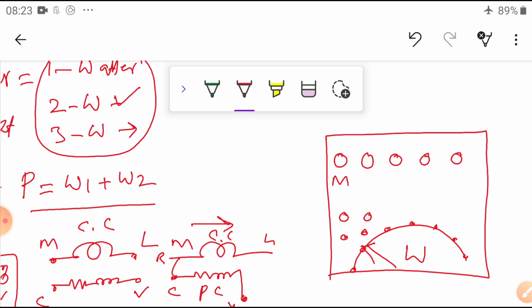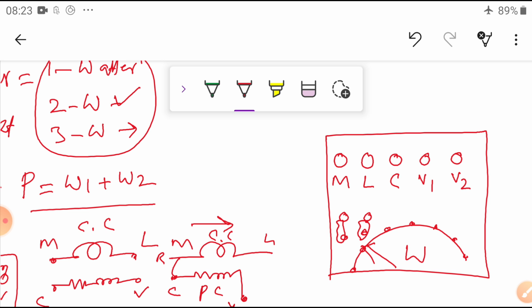This is M, this is L, this is C, and for example, you can take V1 and V2. And this current setting here, where there is a clip, you can observe the clip connected here.